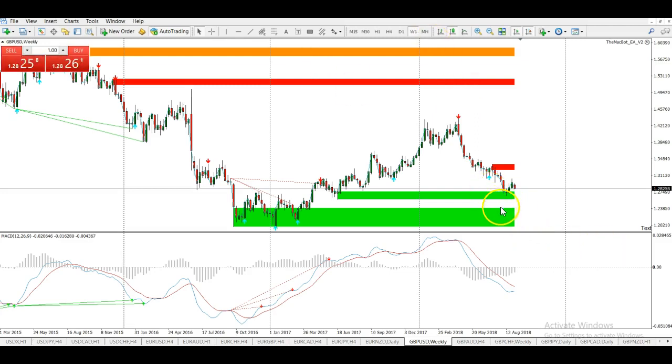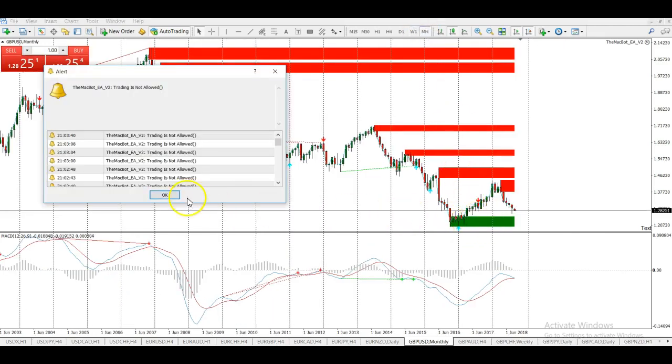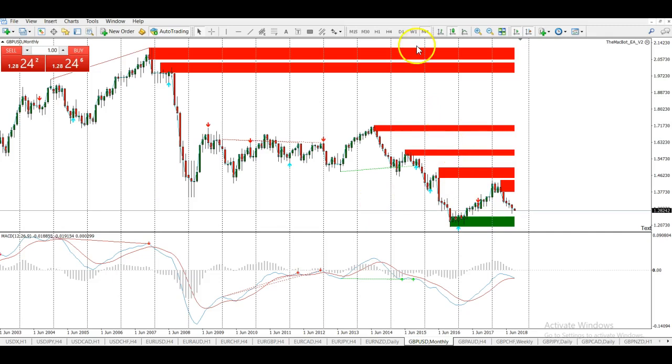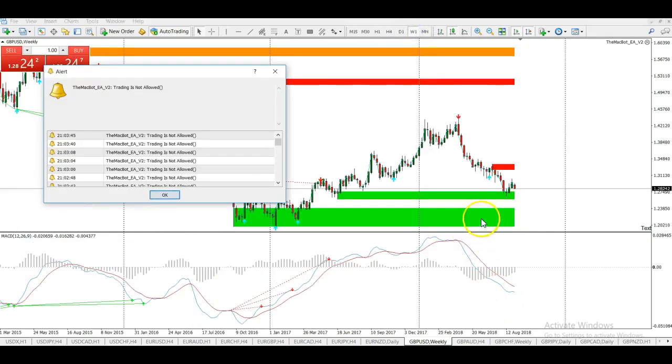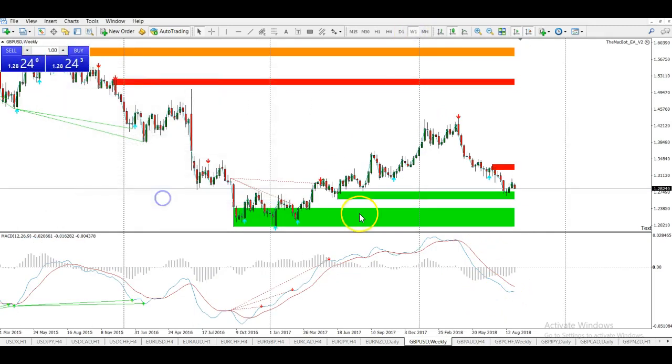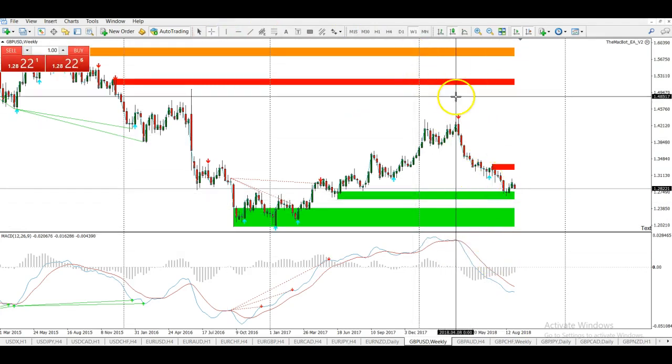So the market's likely to pull back down into this bigger area here, which is the monthly, and we have the weeklies within the monthly, which is here. So this is looking likely that this would be a really good buying opportunity down here. So if it comes down here, I'll be looking to load up on the buys down here. Really good value for the pound down there.